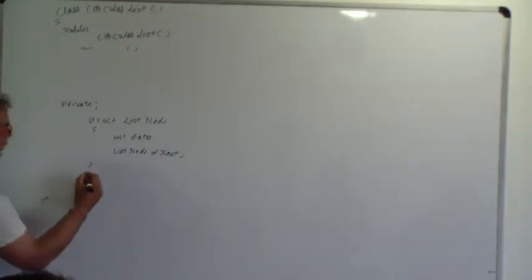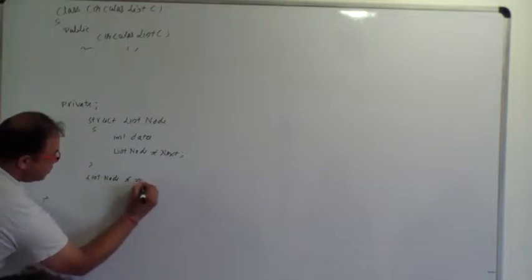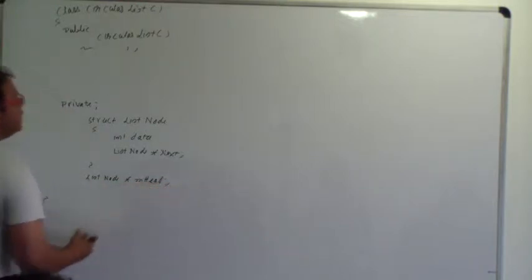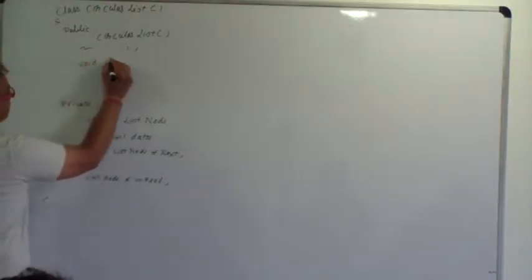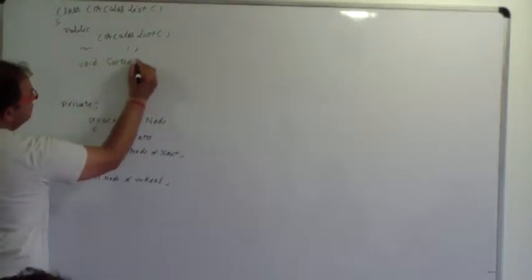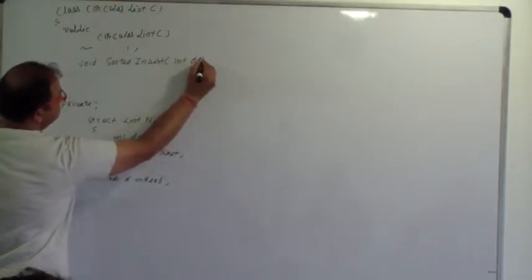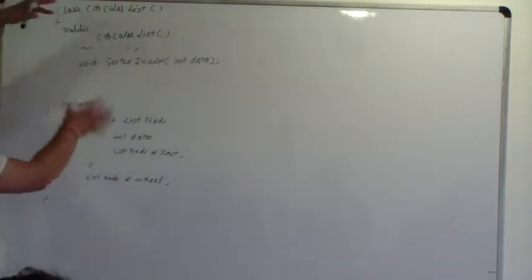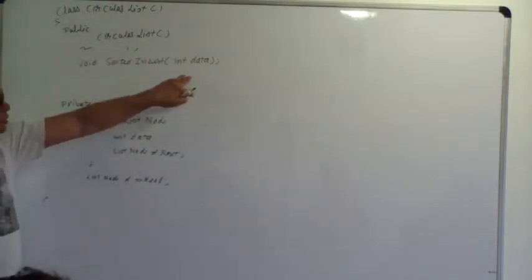We have a head, a ListNode star m_head, and a function sorted insert, which is void sortedInsert with an integer data. It's a small class, and if you are asked this question, I would want you to actually write the class. This will waste a little bit of time, and then you'll write the sorted insert.